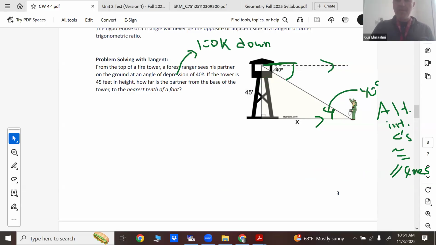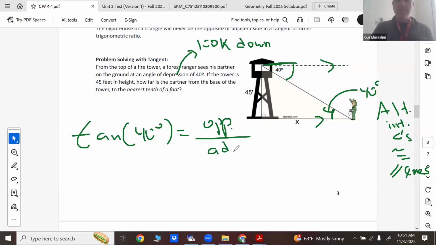Okay, cool. All right, so now, if we think about it, the tangent of 40 degrees equals opposite over the adjacent. Okay, I got a big task here because I'm actually teaching you guys tricks. It's kind of a big deal.